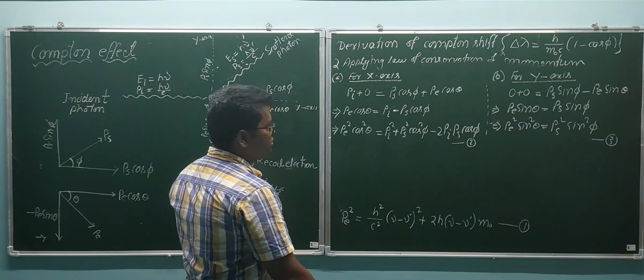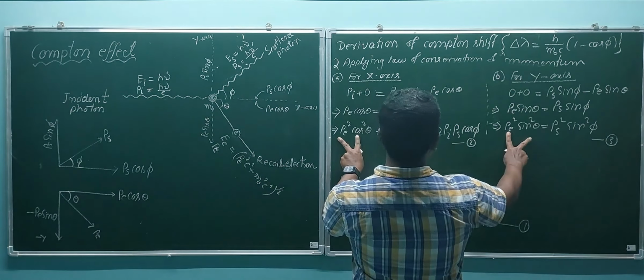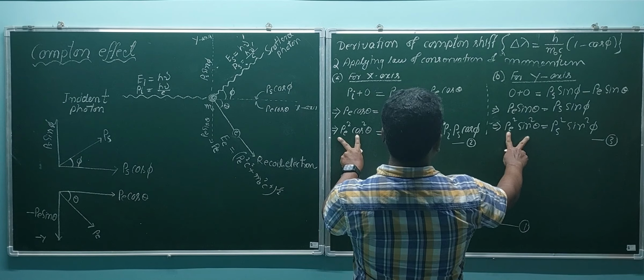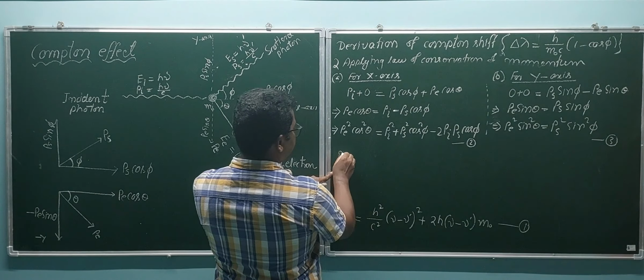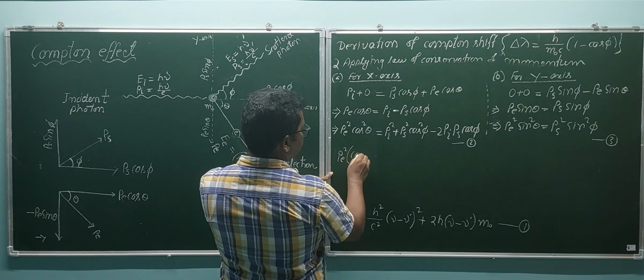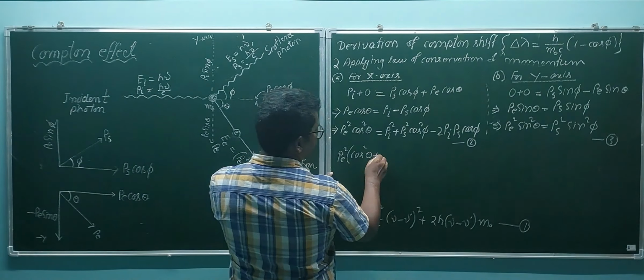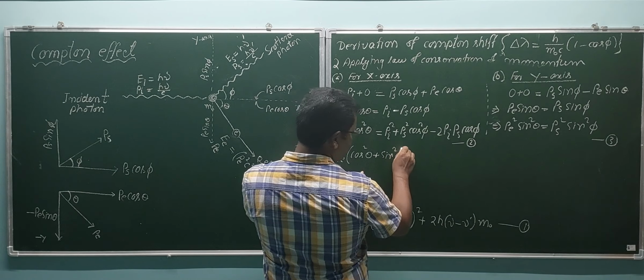Now adding equations 2 and 3. On the left side, p square is common, so let us write p square into cos square theta plus sin square theta.